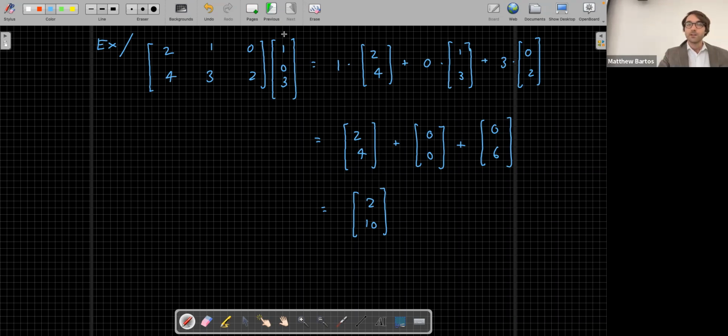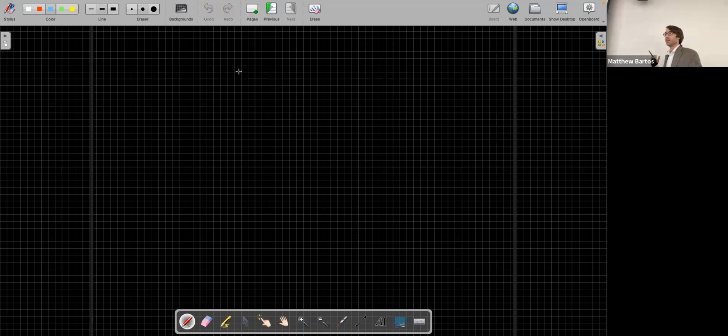Okay, on a related note, we can now come up with two different ways of expressing matrix multiplication. So there's two ways to think about matrix multiplication.